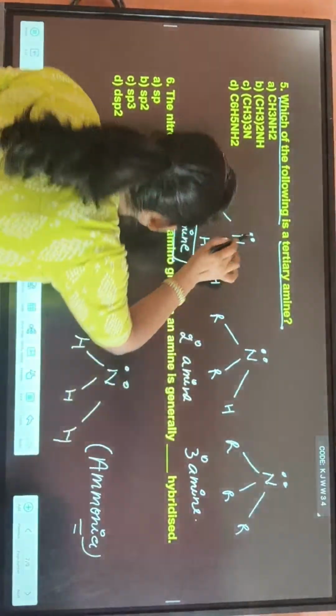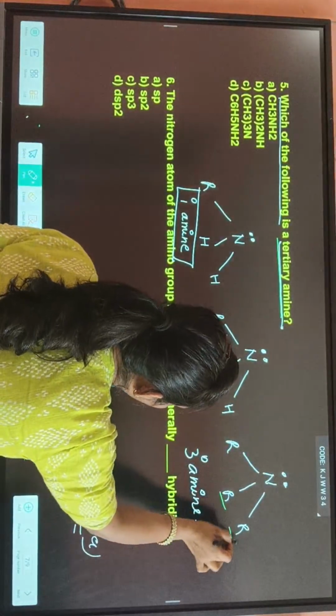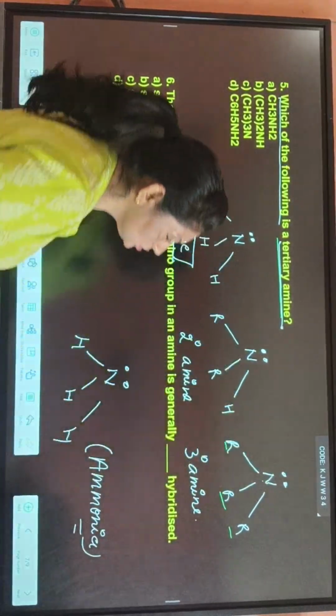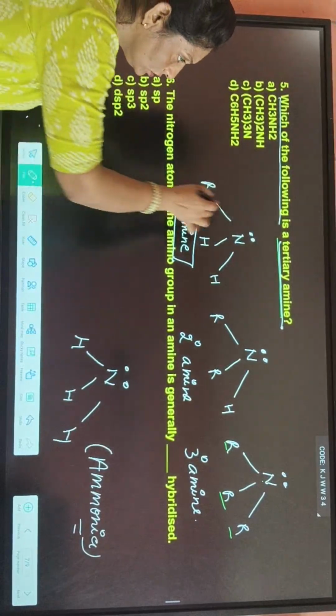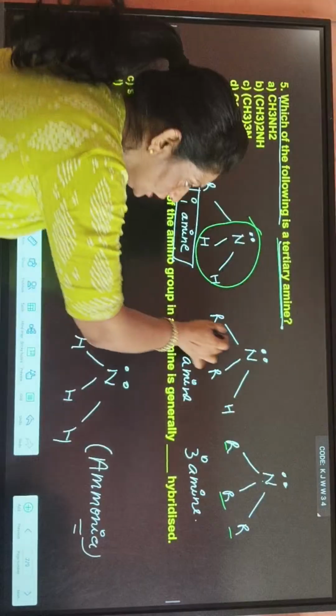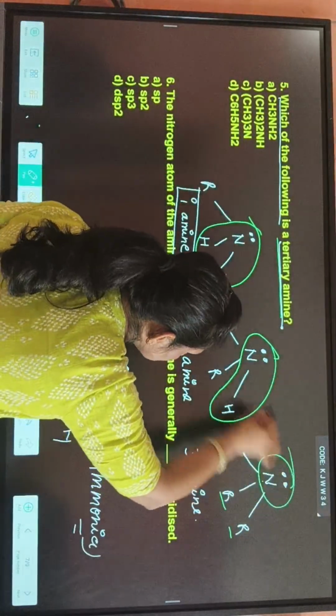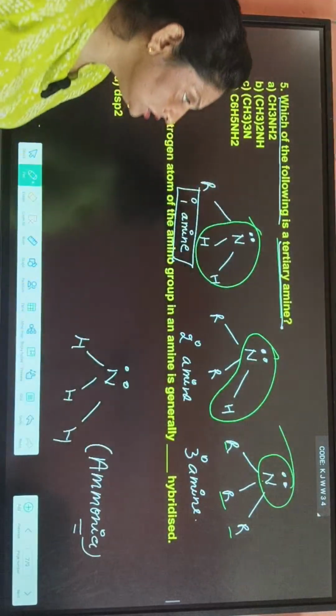He is asking about tertiary amine. So simply, where there are three R groups and one nitrogen. And simply I can tell you, if an NH2 group is there, it is primary. If an NH group is there, it is secondary. If only nitrogen is there, then it is tertiary.